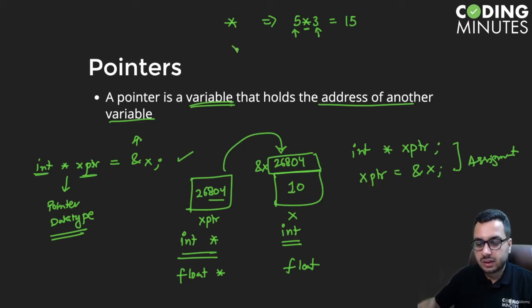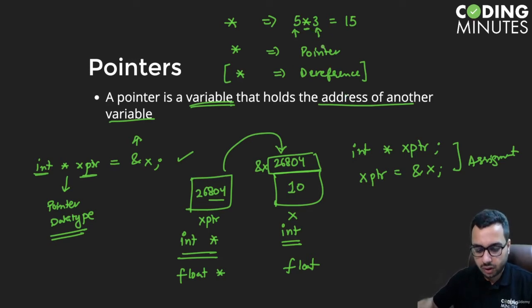So we can use star as a pointer variable as well. And one more use case that we will see later on is the dereference operator. So these are the two things we will do later. But for now we are talking about this use case.